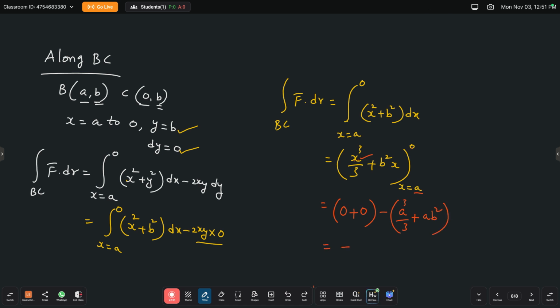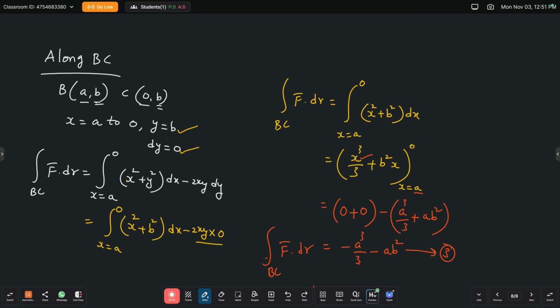We get the answer minus a cube by 3 minus ab square. It is the integral along BC direction, the third one.